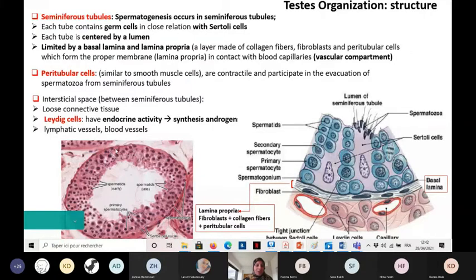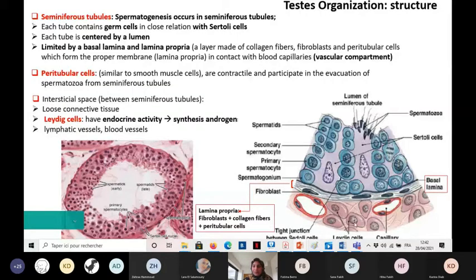So the space between those tubes is called the interstitial space, and this space between the seminiferous tubules will contain the Leydig cells, which will produce the testosterone and the androgens. They have an endocrine activity, and they synthesize androgens, testosterone.